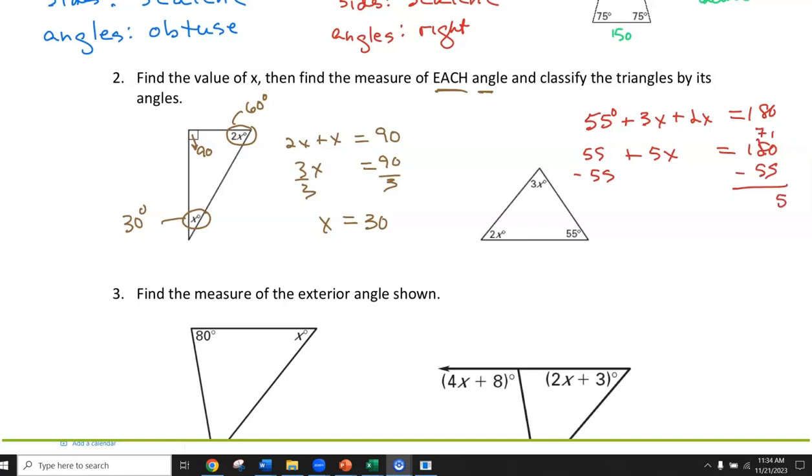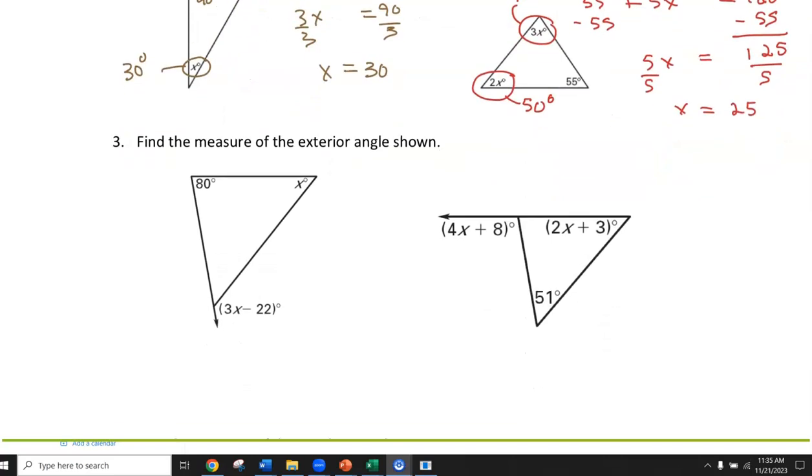That became a 7. 7 minus 5 is 2, and the 1 comes down. So if 5x equals 125, divide both by 5, and you should be getting x equals 25, right? 5 times 5 is 25. Yep, x equals 25. They want each angle, though, so if you stop there, you're not going to have full credit. 2 times 25 gives me 50, and 3 times 25 gives me 75. So those are the angles.